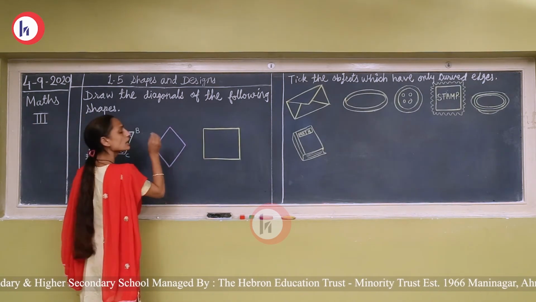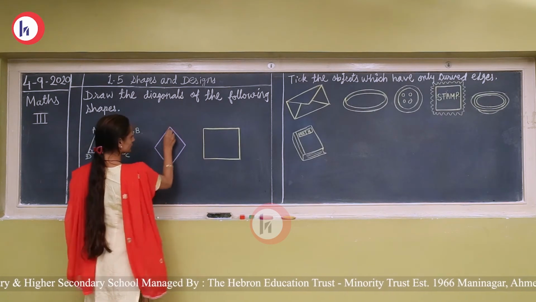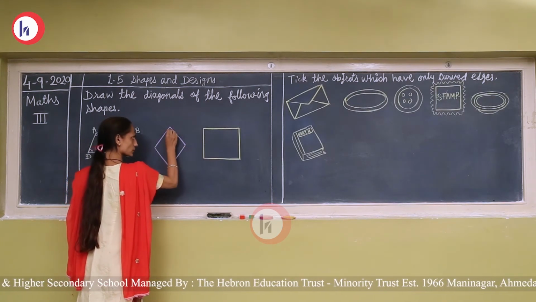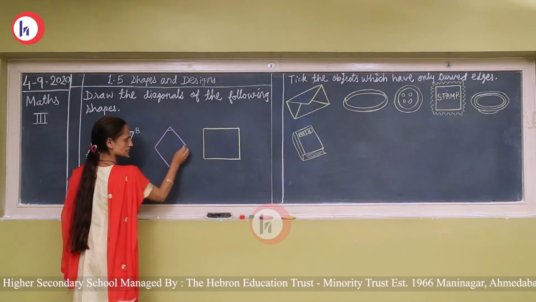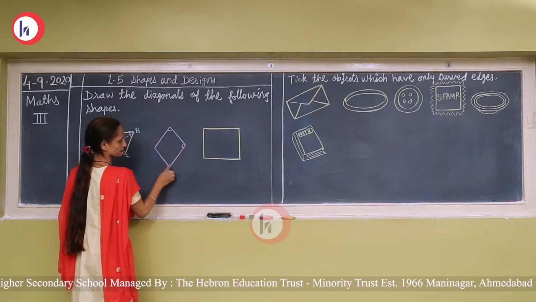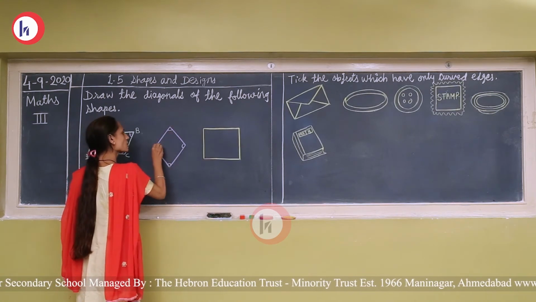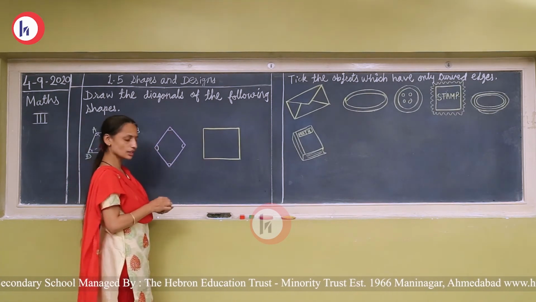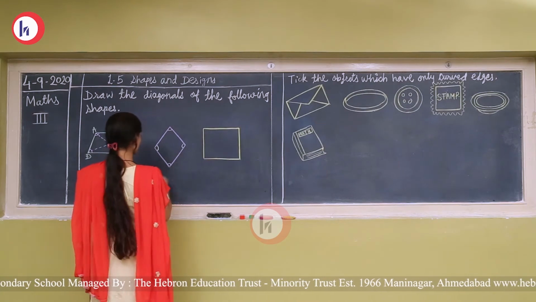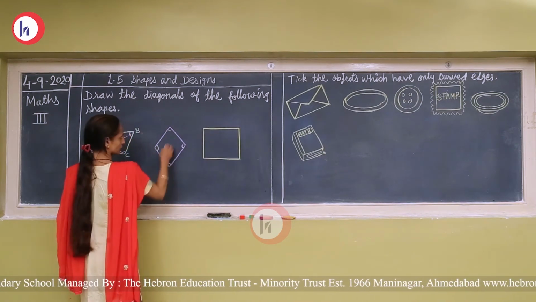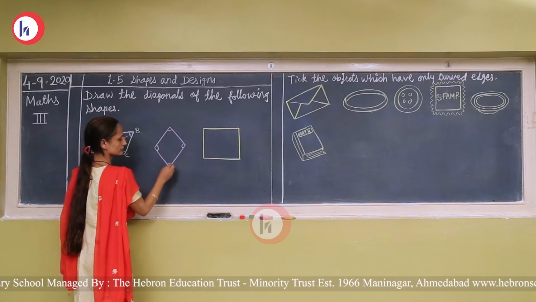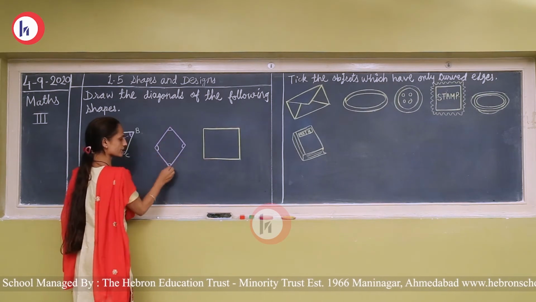Now next, first we will draw the corners. Here 2 lines meet, means 1 corner, 2 lines means 2 corners, 3 corners, 1 and 2 lines means 4 corners. Now we will draw the dotted line to show the diagonals. Now here the opposite corner is this.